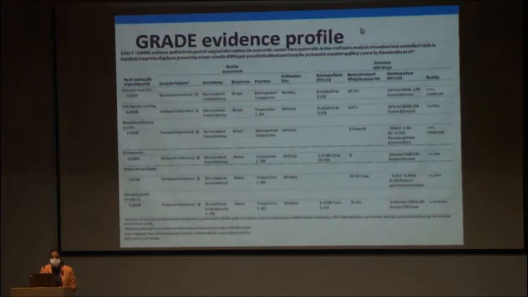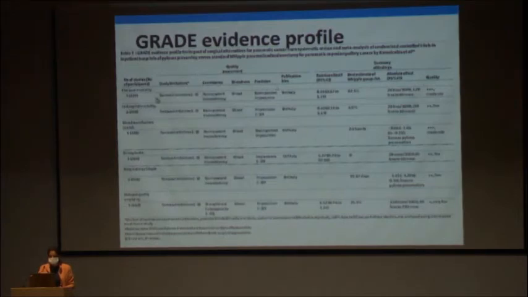They were comparing pylorus preserving versus standard Whipple pancreatic duodenectomy for pancreatic or periampullary cancer. You will see here that they have a rating for each outcome. So for each outcome, it's assessed what is the quality of the evidence. For example, 5-year mortality, in-hospital mortality, blood transfusions, biliary leaks, length of stay, and so on and so forth. And then you have these quality ratings for each of these outcomes.